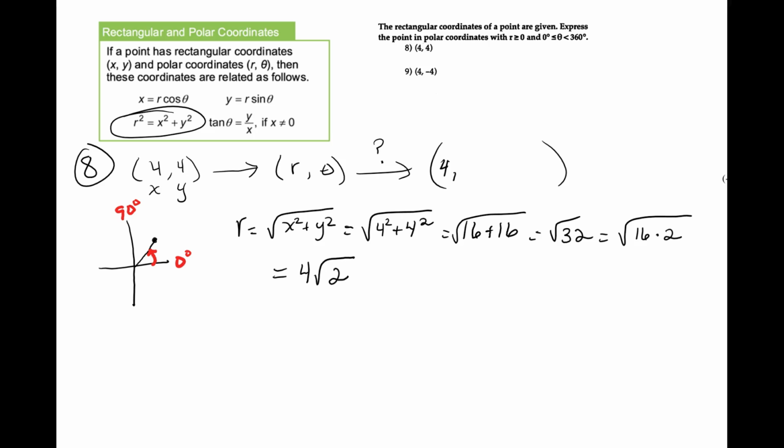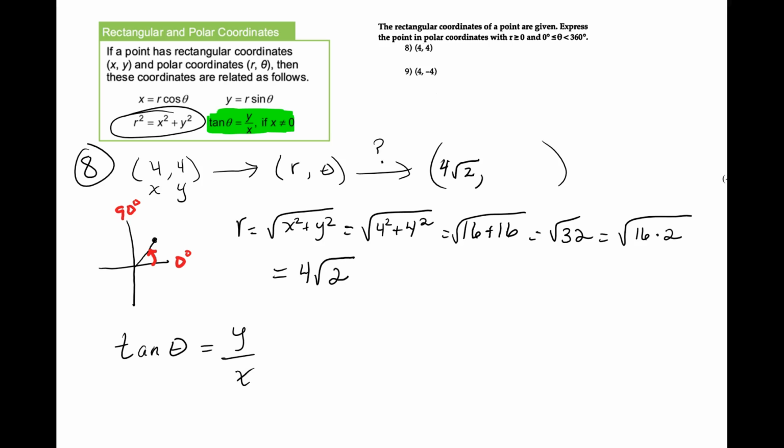And let me rewrite that for you. There we go. Now we just need to find the degree measure. So we know that the tangent of theta is y divided by x, and that's given by this formula right here.